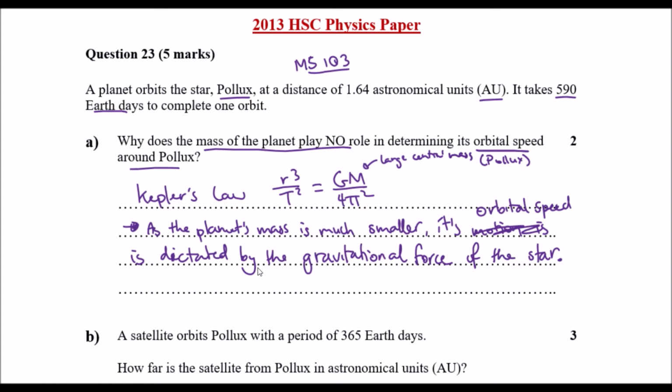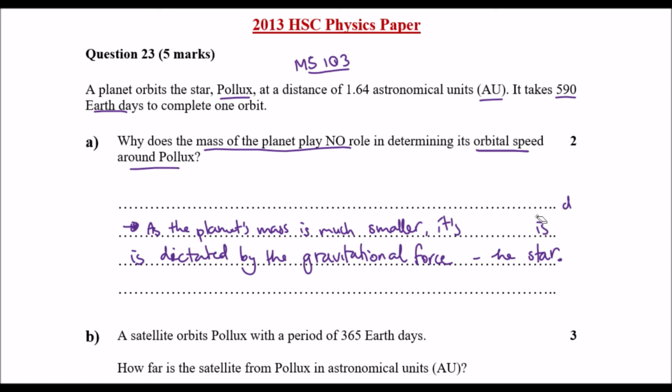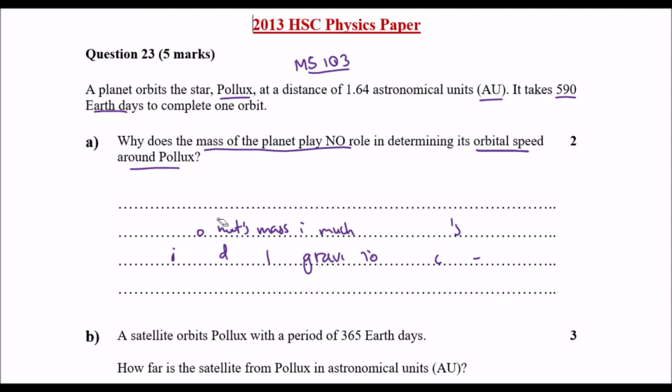Another way you could try and prove this is by equating gravitational force and centripetal force. As we know, both of them are related. So I'll show you another way of showing this. Kepler's law is one way of showing it, but another way is just by trying to find the orbital velocity of the object.